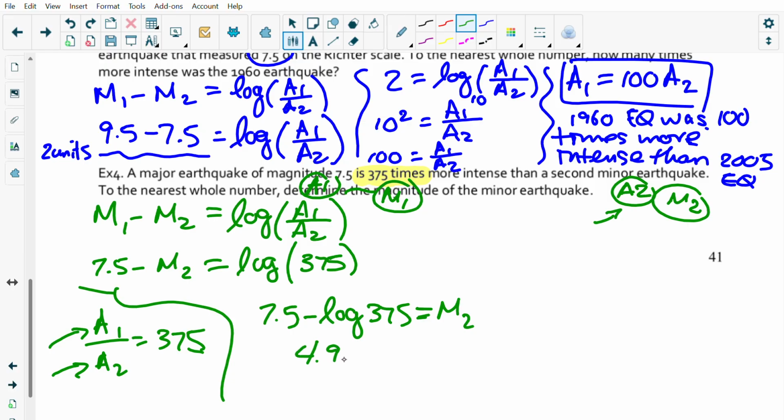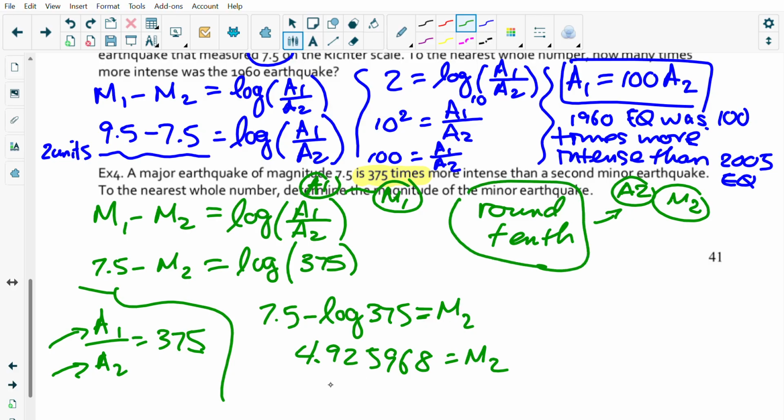I get 4.925968 equals M2. Let's round that to the nearest tenth, so that's going to be 5.0. So the second minor earthquake is a magnitude 5 on the Richter scale.